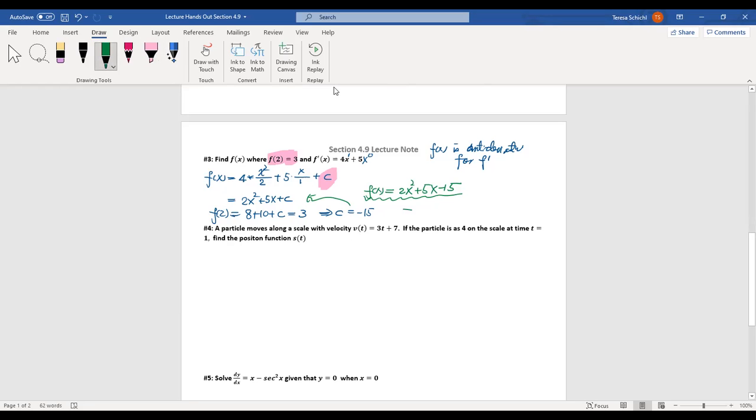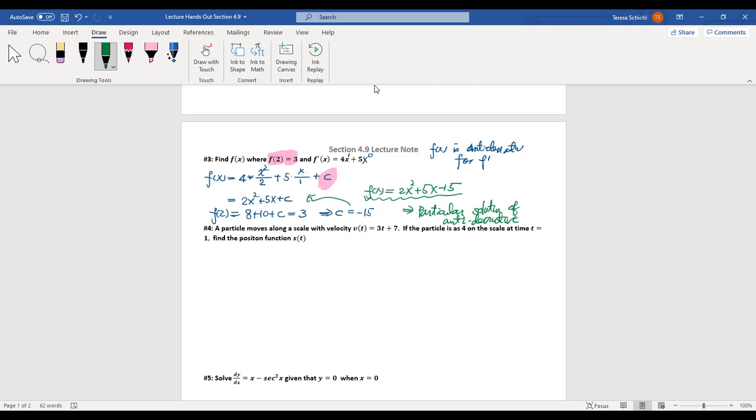For this defined c, we call this the particular solution of the antiderivative, right? So like a while ago, when we said plus c, that means a general solution. The particular solution is for your given number, so I can find the specific antiderivative here.